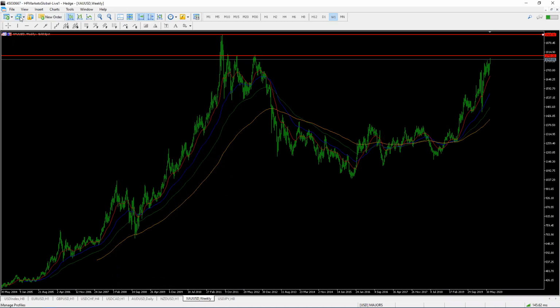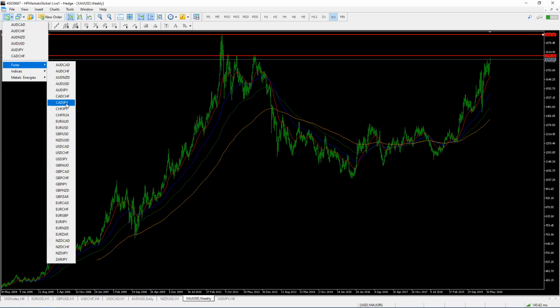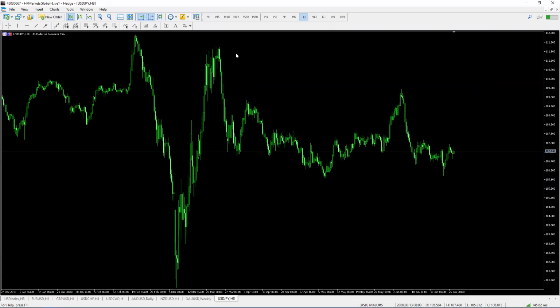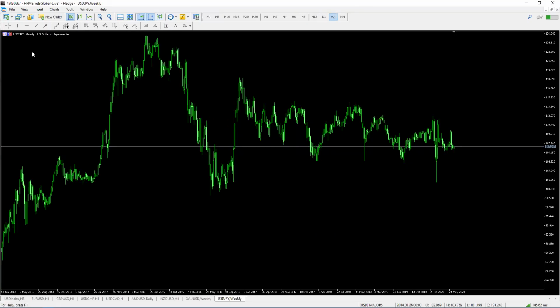Where is it? Okay, whatever I'm looking at, I don't know where it is. But anyway, USDJPY. Oh, interesting. So, higher time frames. We have something of this sort. We have this. Then we have this.